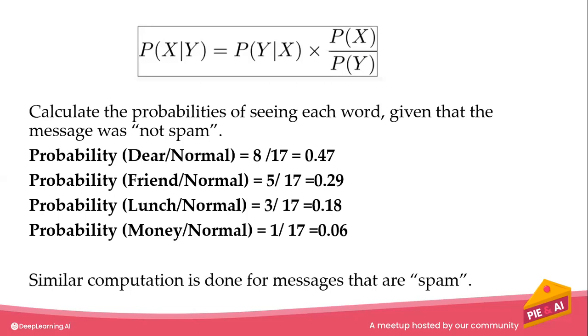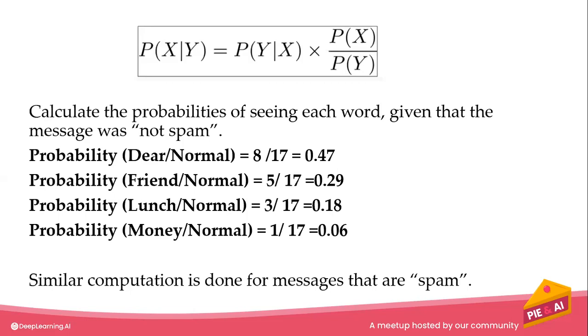We want to check their occurrence in messages. We calculate the probability of seeing each word, given that the message was not spam. So if the message is normal, what is the probability that the word dear occurs? From this example, we computed that it was 0.47.